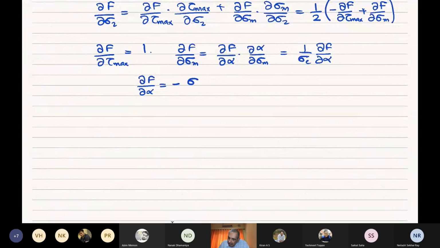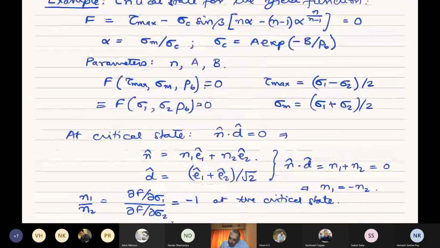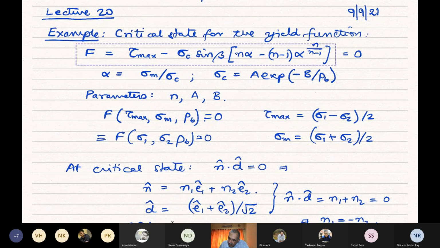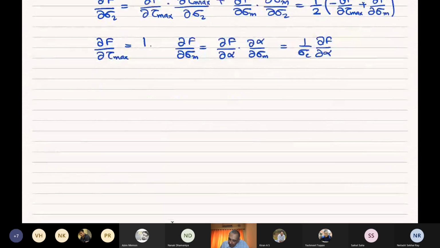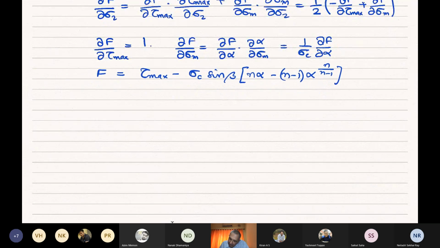Why don't I do something clever? I will write down this function one more time, which is really not a big problem for me, because I can just copy and paste. So here we have the function again. So it becomes easy for us to take the derivative of this with respect to alpha.